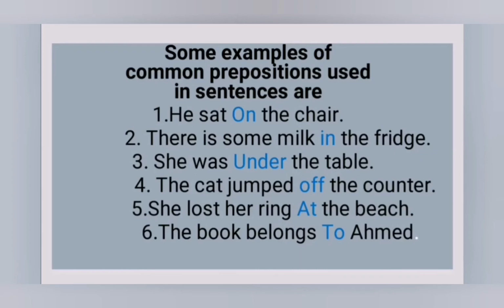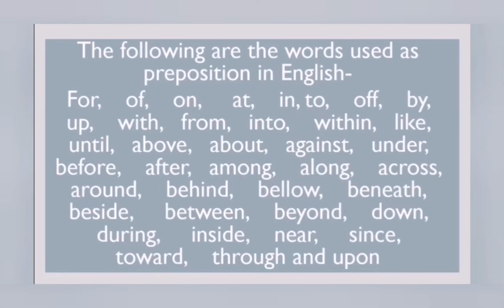She lost her ring at the beach. The book belongs to Ahmed. These are the common prepositions that we use in our daily routine, in our daily vocabulary, in our daily conversation.